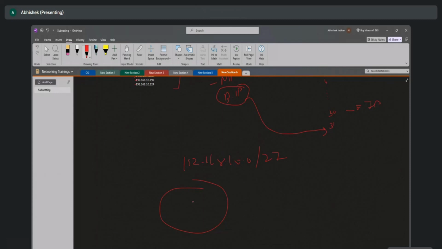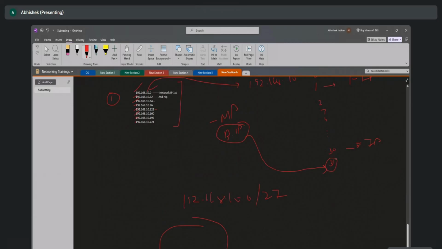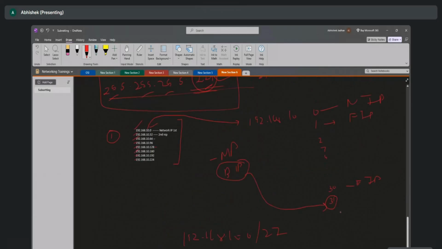What will they do? They will send a message to 192.168.10.31. Simple. Your machine will understand, okay, this is the broadcast IP, because as per the calculation, this is what it is. Your job is done. So this is what the question was asking you.